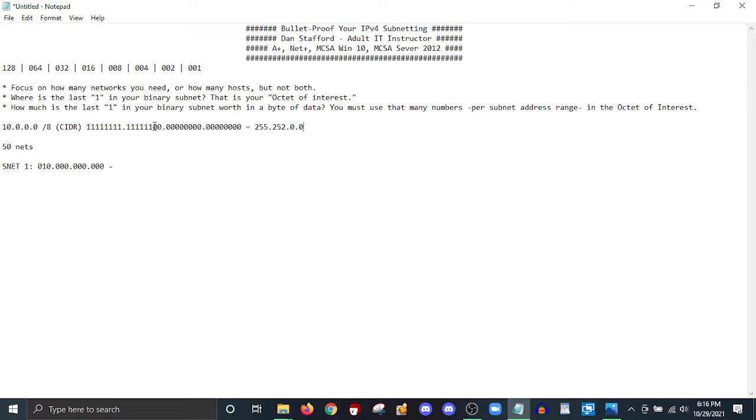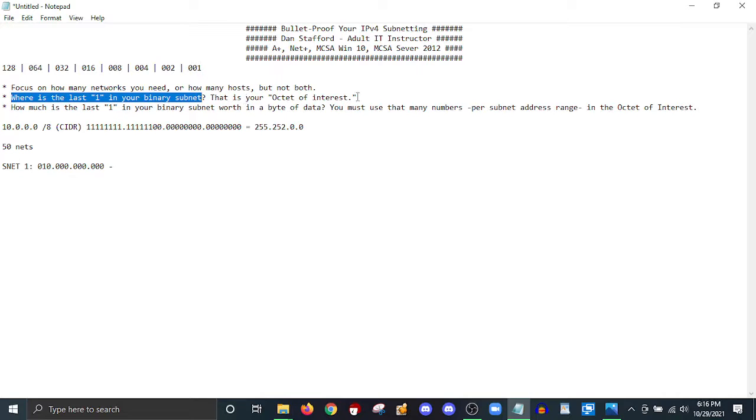All right, now anything in any one of these networks, all of these bits are going to be the network portion of the IP addresses, and all of these bits are going to be the host portion of the IP addresses. Okay. Now, what we want to look at is where is the last one in the binary subnet.